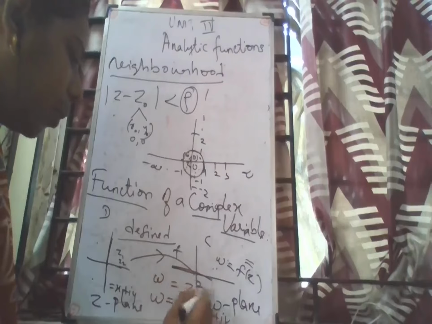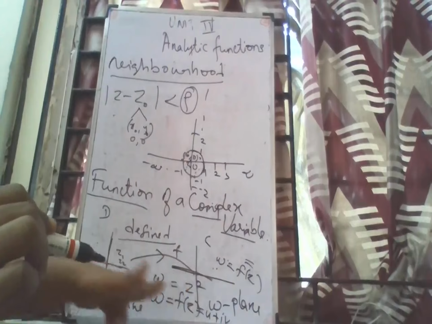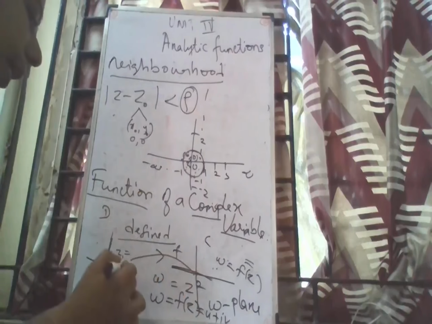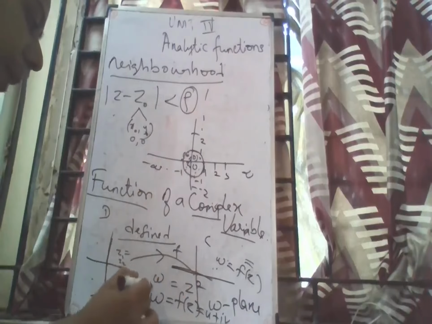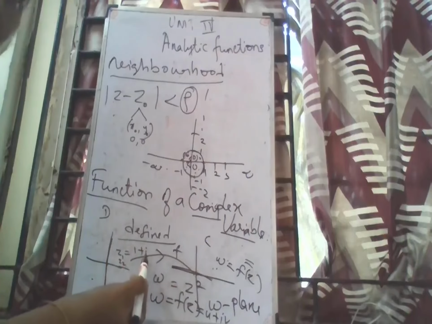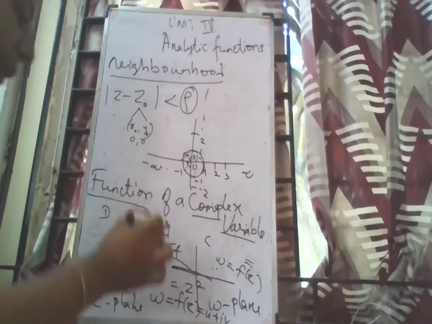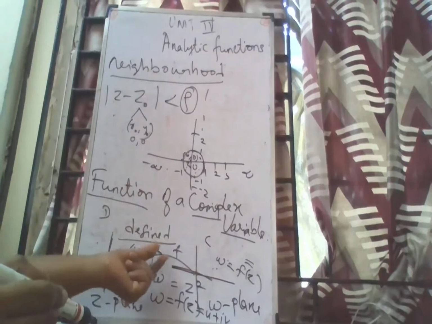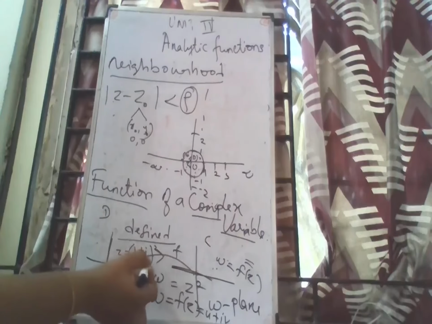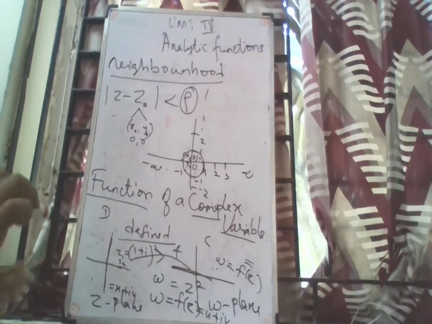See, w is equal to z square. For z1 equal to 1 comma 1, what will I get? z1 is 1 comma 1, so w will be (1 plus i) the whole square, since I multiply the imaginary part with the y value. Expanding, 1 square plus 2i plus i square, I get a point like 0 comma 2i.